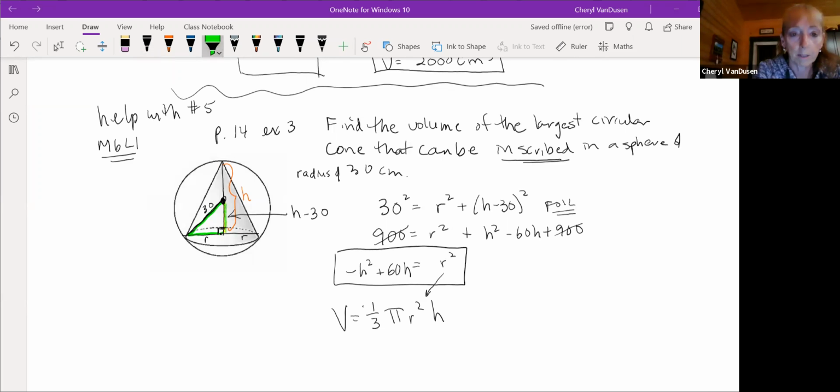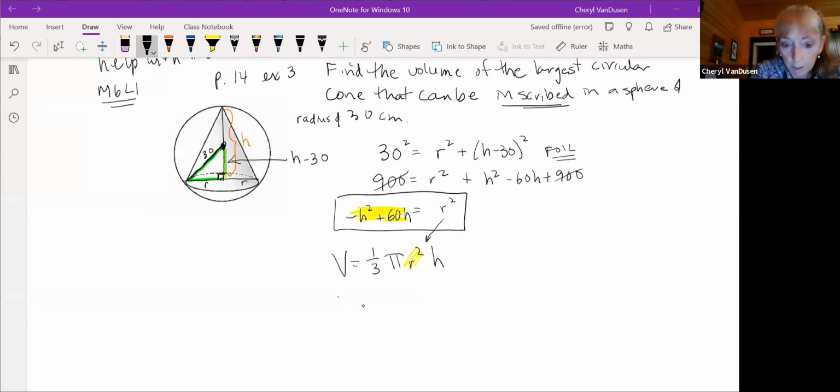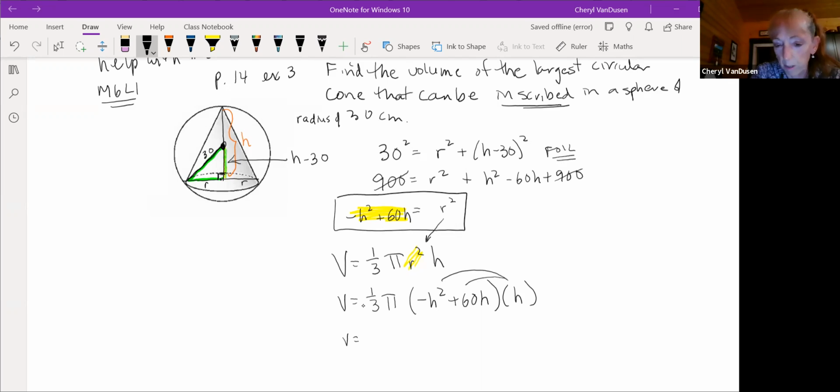So this statement is now going to go in for R squared, which is going to make our life easier anyway. 1/3 pi times (minus H squared plus 60H) times H. So we're going to mess that all around, make it look a little prettier, and then we're going to do the derivative. Okay, so I would multiply the H through, and then we'll multiply the 1/3 through. I don't want any brackets, so we'll get rid of the brackets first.